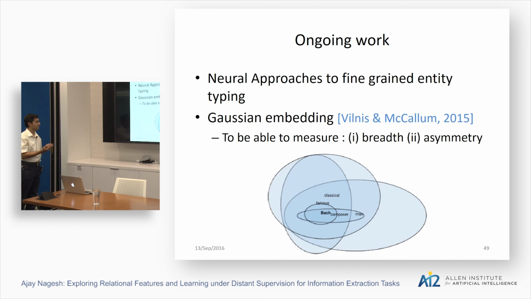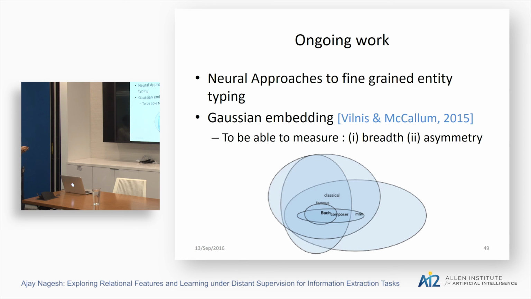One is if you want to measure the breadth of a concept, like say composer, there is some sort of uncertainty over it, but if it is a person there is more uncertainty. Composer has less uncertainty, it's more well defined, and so on. And also this sort of asymmetry in things like the is-a relation.